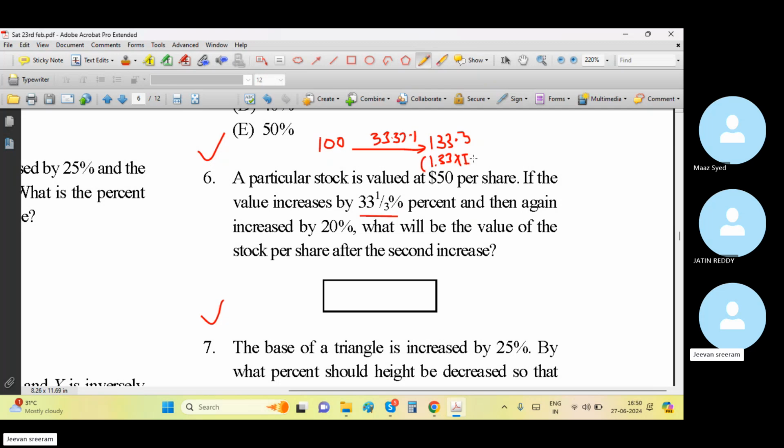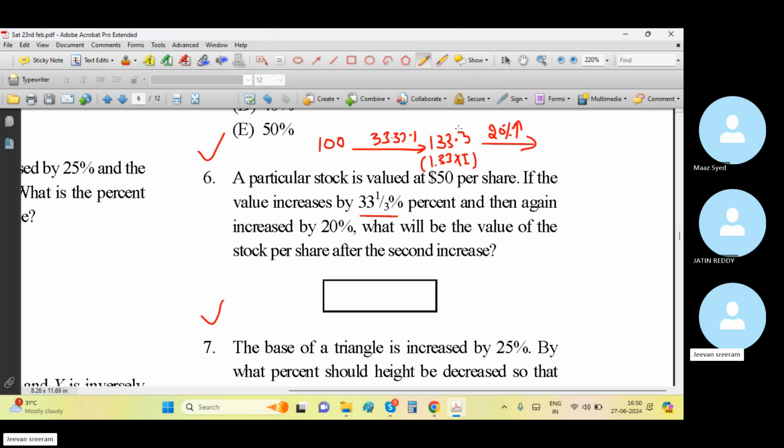Okay, keep it in the bracket. Again, it has undergone a 20% increment.